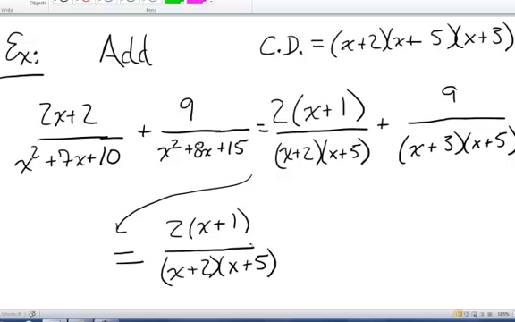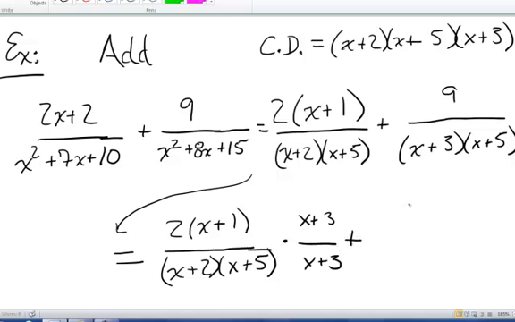So here's my first rational expression. I want to write the denominator in terms of this common denominator. Well, what factors am I missing from it? I have the x plus 2 factor, and I have the x plus 5 factor, but I'm missing the x plus 3 factor, so I'm going to multiply this by x plus 3 over x plus 3.